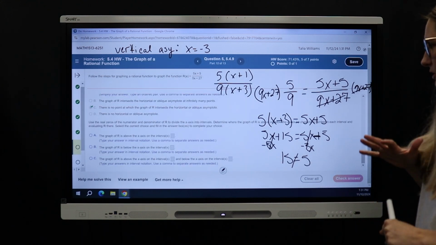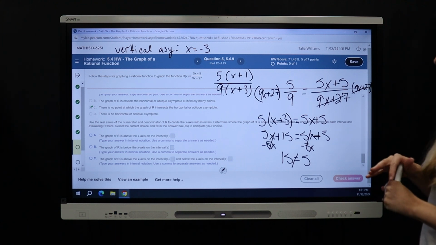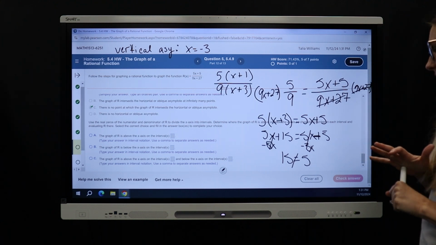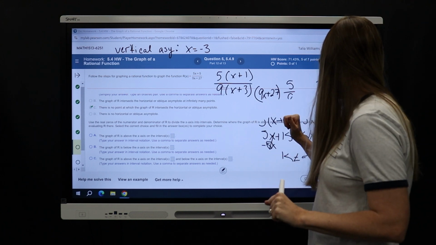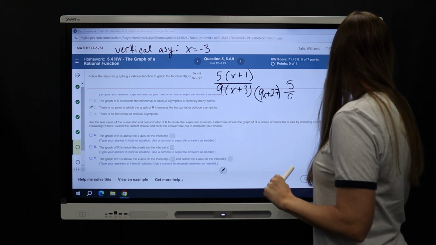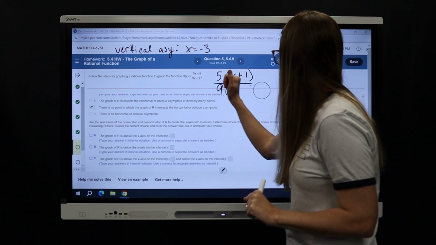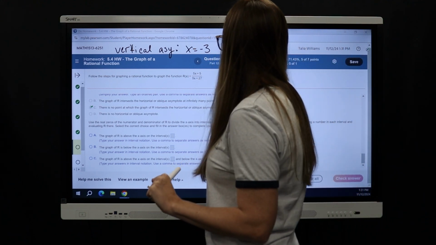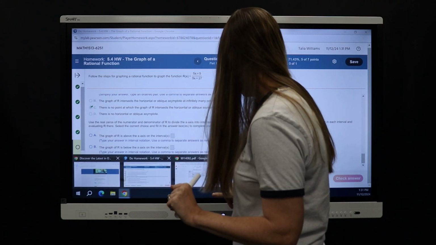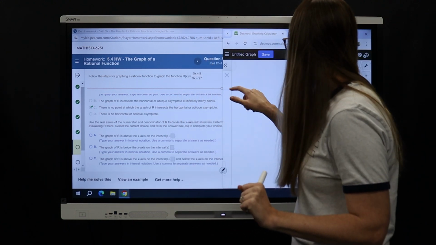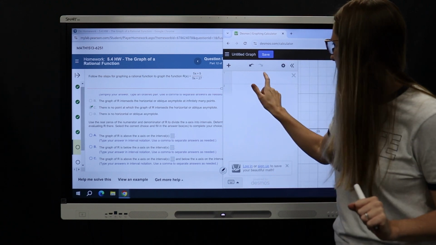Use the real zeros of the numerator and the denominator to divide the x-axis into intervals. Determine whether the graph of R is above or below the x-axis. Choose the number in each interval and test. This is where we went ahead and pulled up our Desmos graph and checked it. So let's change this to match that.